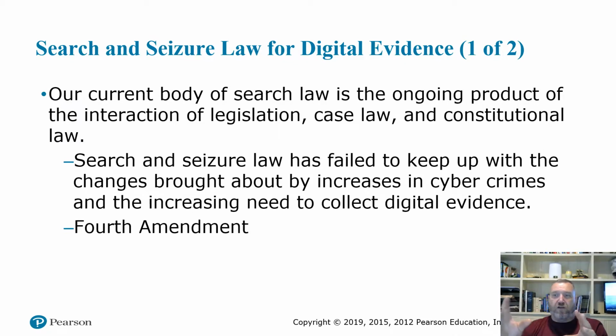Search and seizure law has been seen not to keep up with computer crime. And it also is challenged a lot by the Fourth Amendment. Computer crime is difficult because of the nature of the way we possess the objects. A phone is more like a wallet or a purse for most people. Things in there are seen as private.